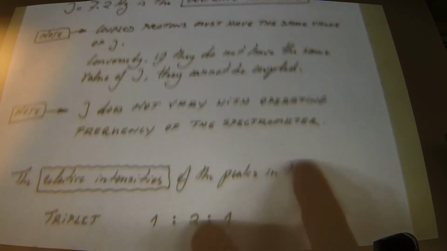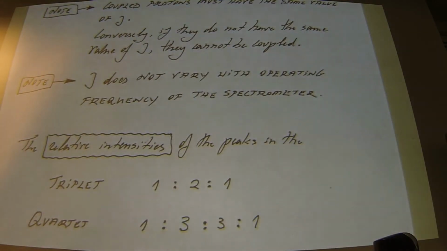Now, the interesting thing is that the J value does not vary with operating frequency of the spectrometer. So the coupling constant, which by the way gives you an indication of the strength of the interaction, that strength of the interaction is something that nature gives you. And as it turns out, whether you run the spectrum at 300 megahertz or 600, the J value is going to be the same.